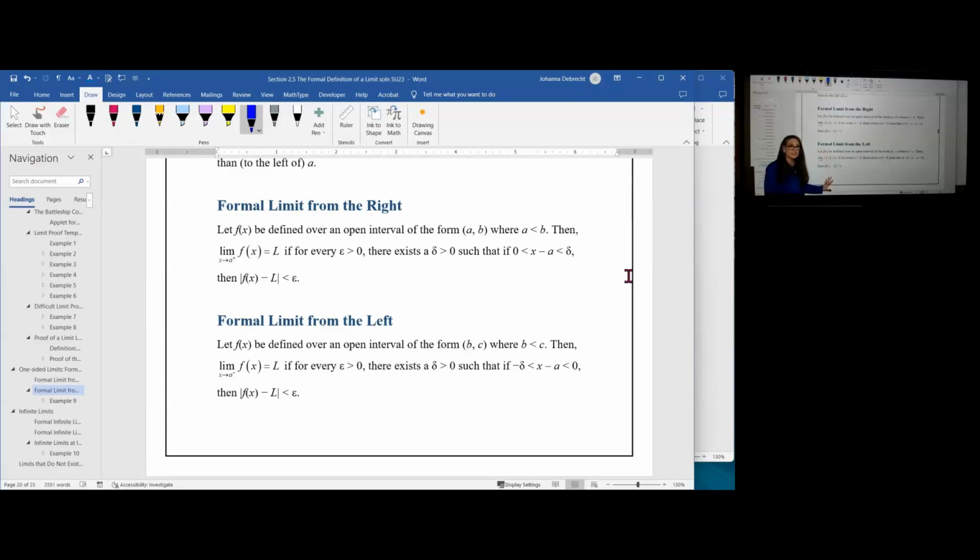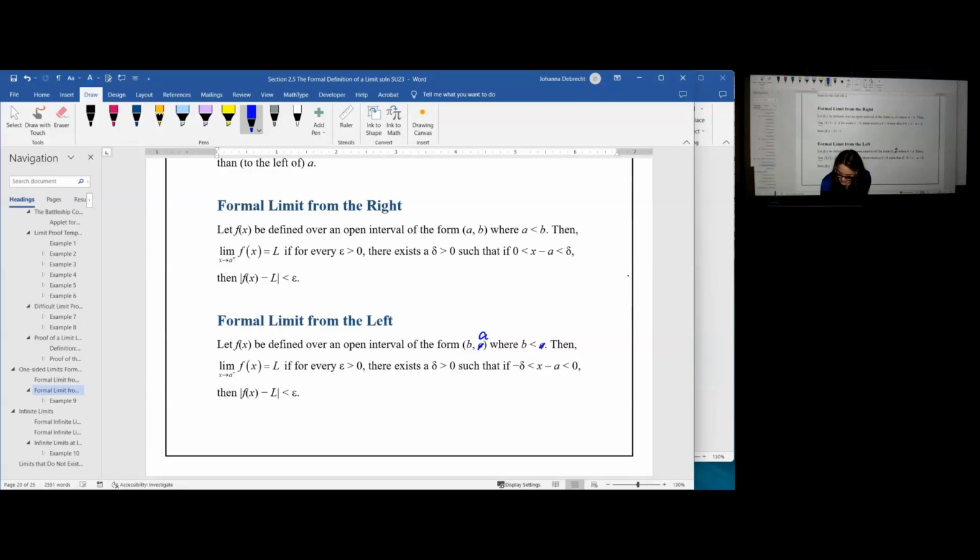We have a similar statement from the left. The only thing that changes is that f of x is defined over an open interval from b to c, where b is less than c. Then the limit as x approaches a from the left of f of x, and my c should actually be a. Ooh, I found an error in the notes.